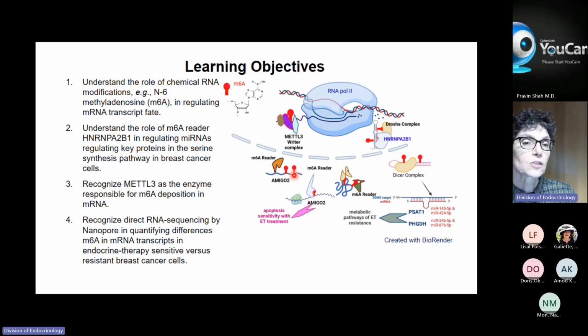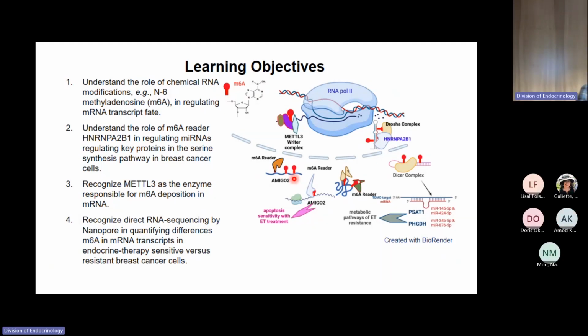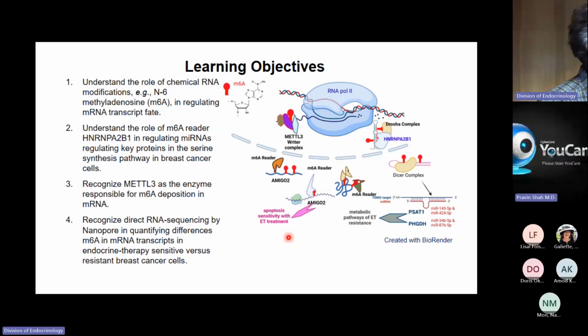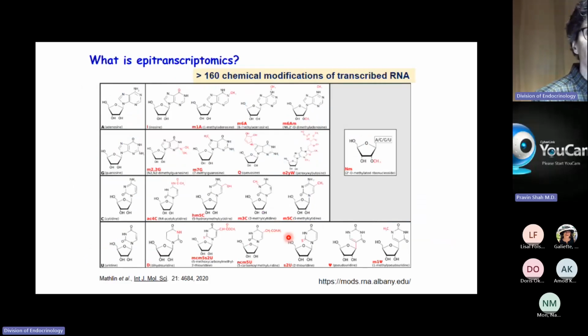And one of the transcripts that we identified as having differential expression as well as differential number of M6As is AMIGO2. So we'll talk about AMIGO2 and its role in apoptosis sensitivity in endocrine resistance and endocrine sensitivity.